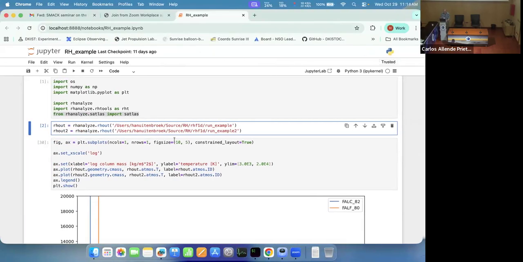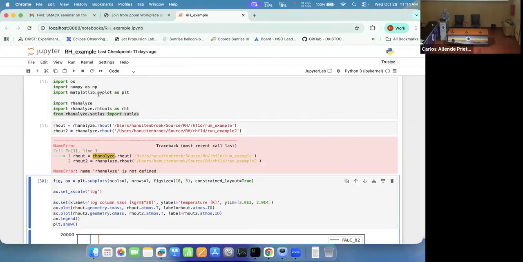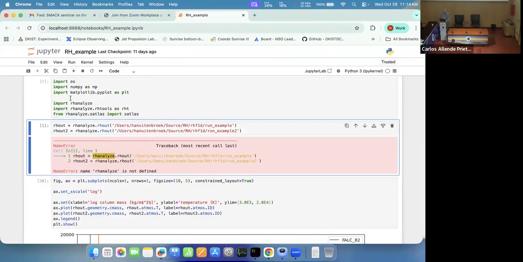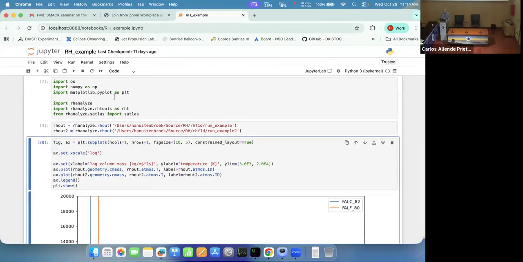I did something similar for these examples. So you just specify the different output directories like we just did in the example, and you create different structures for each of the different runs.